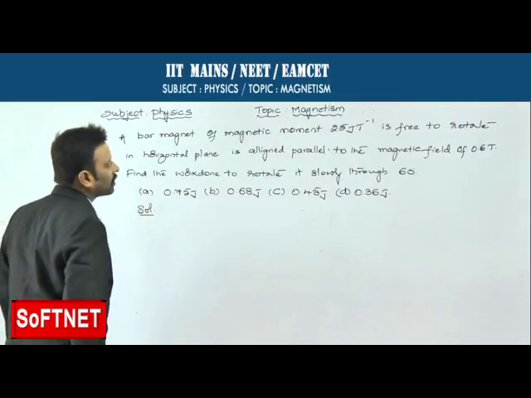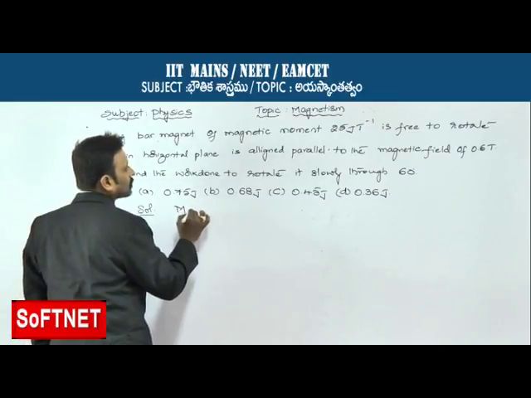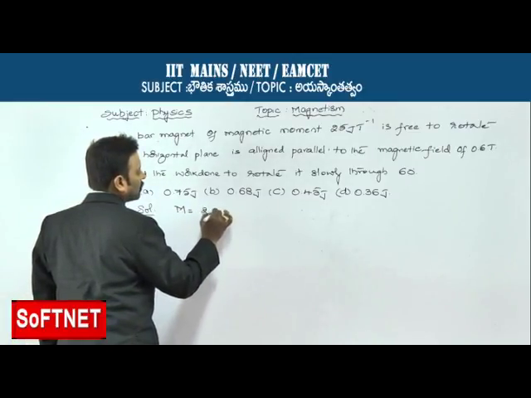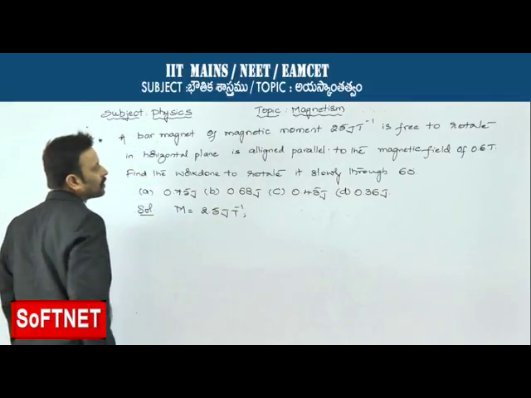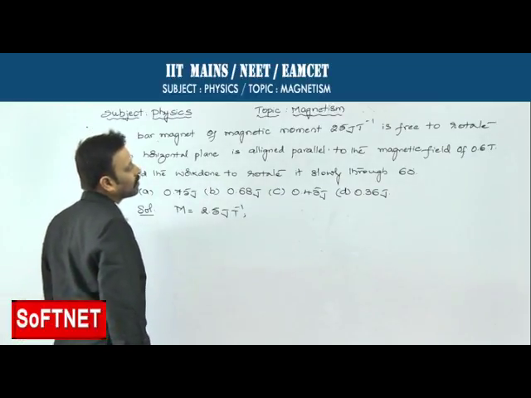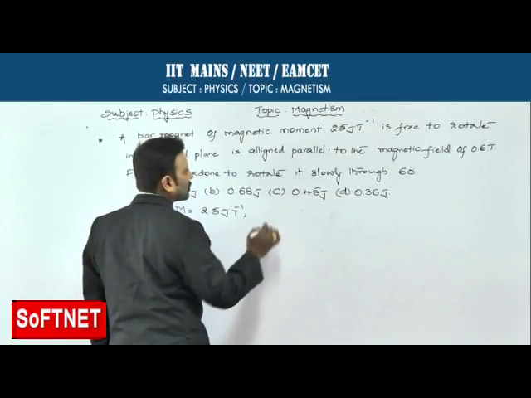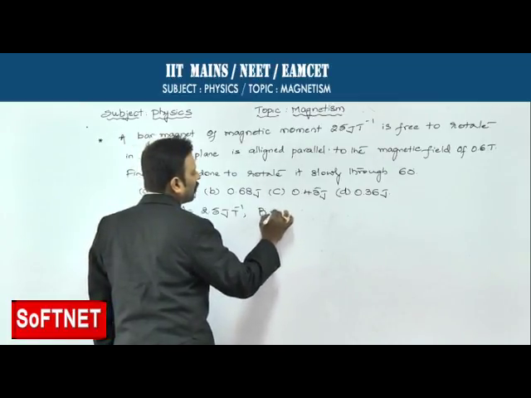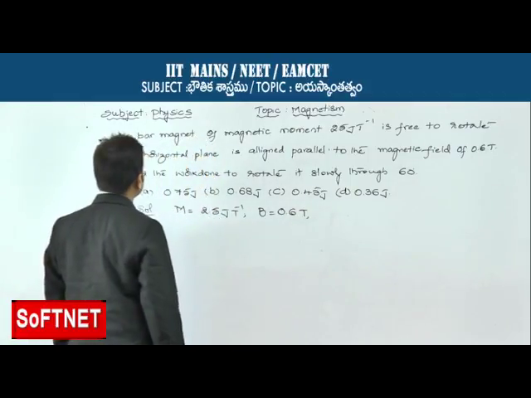So, according to the given data, the magnetic moment of the magnet is 2.5 joules per Tesla. It is free to rotate in a horizontal plane aligned parallel to the magnetic field of induction 0.6 Tesla.